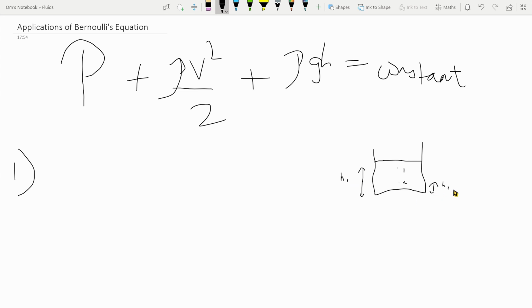Now what our equation tells us is we can equate the energy of the fluid at point 1 and point 2. That is basically Bernoulli's equation. So we can say P1 plus rho V1 square by 2, which is going to be 0, plus rho g h1 is equal to P2 plus rho g h2.